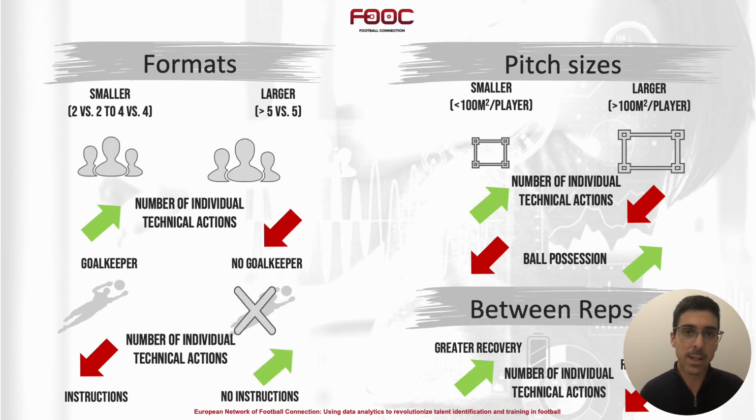Regarding the technical aspects, we can also identify some patterns in the state of the art. If we want to increase the number of individual actions in our players without losing the opportunity to maintain similar accuracy between formats, we should use small formats like 2 versus 2 to 4 versus 4. If we want to increase the number of technical actions, we should not use goalkeepers.